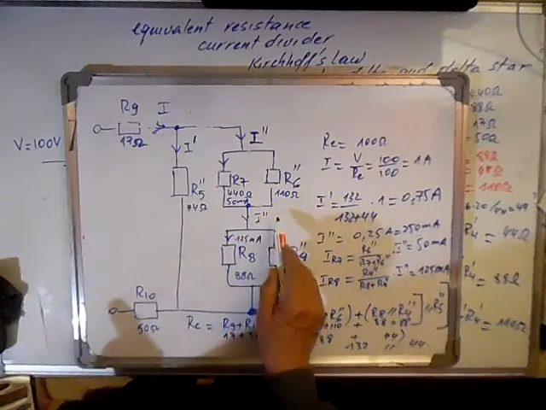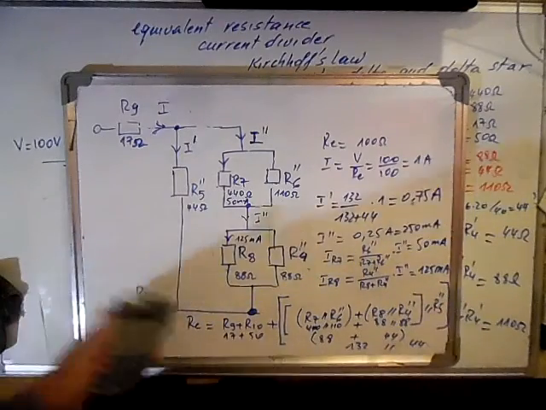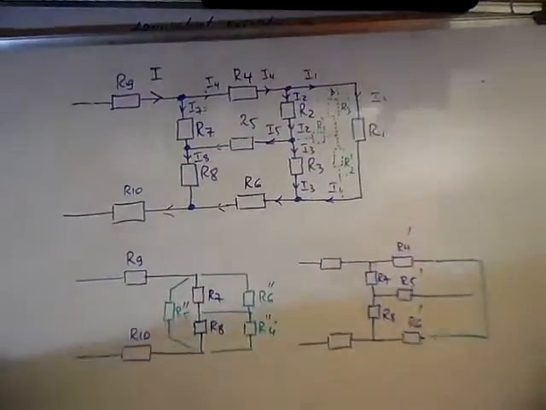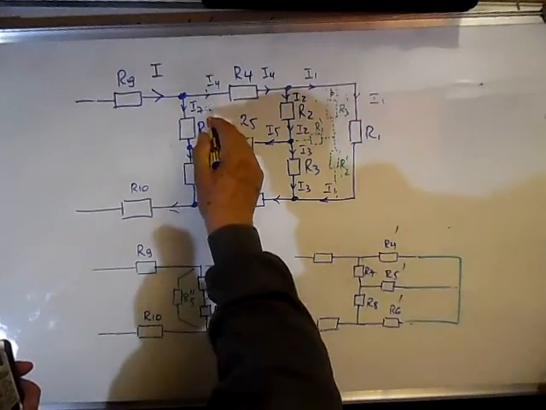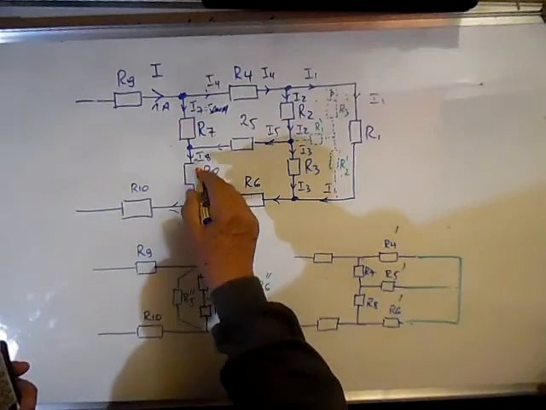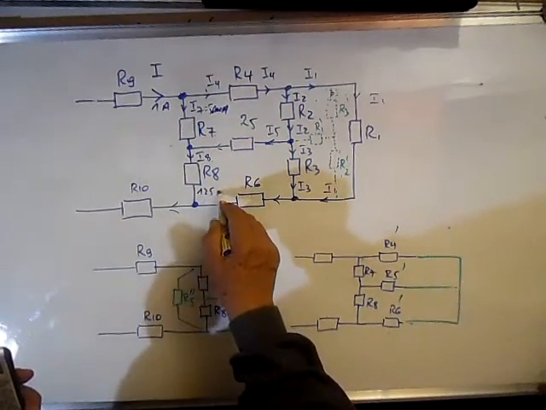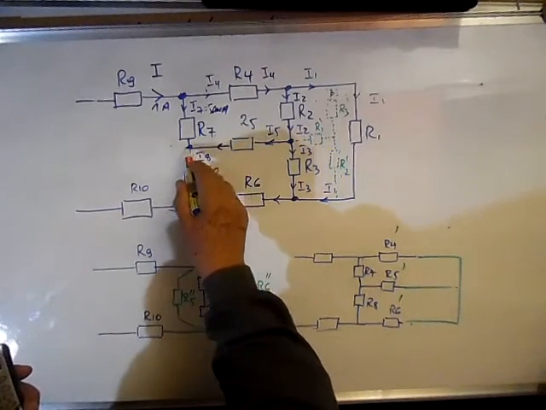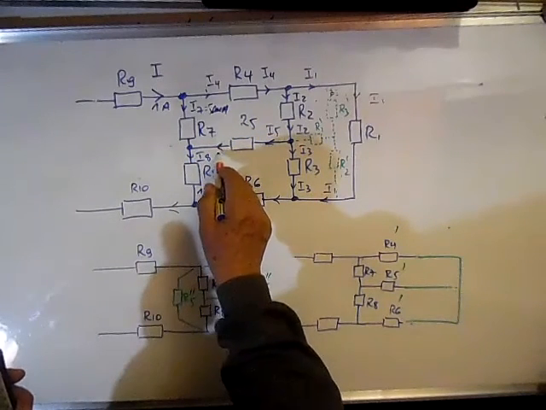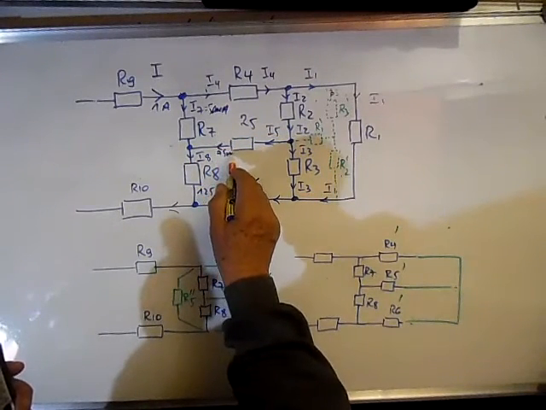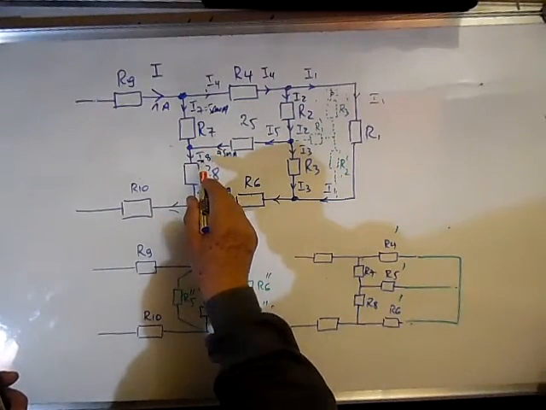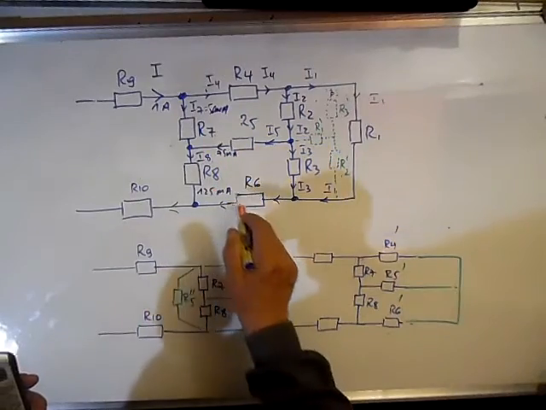If we come back to this circuit, 50 milliamp, 1 amp, and 125 milliamp, it means by Kirchhoff's current law that here flows 75 milliamps, because I8 minus I7 will give this current.